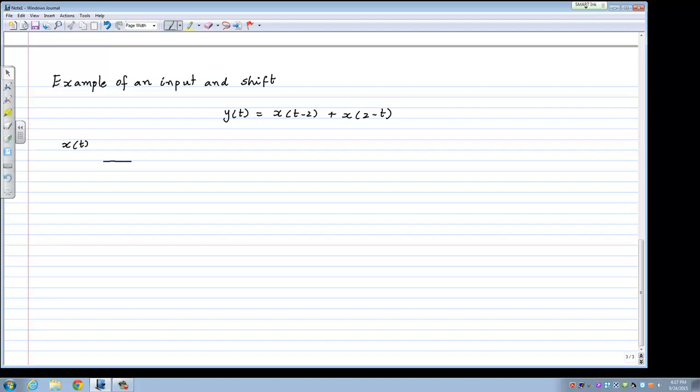Suppose x of t is just the delta function. What is the output corresponding to this input? I'm going to get some y of t, right? What will be the output?